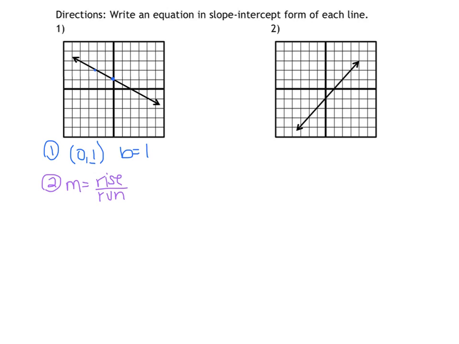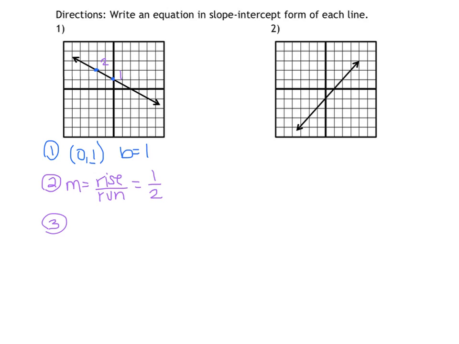So that's the coordinate you want to use to find your rise over your run. You make your dot, and then you identify, I'm rising 1, and then running 1, 2. Therefore, your rise over run is equal to 1 over 2. Can you simplify it? No, it's already in simplest form.